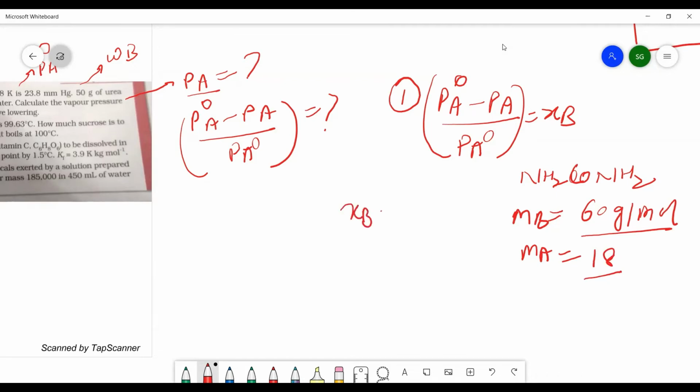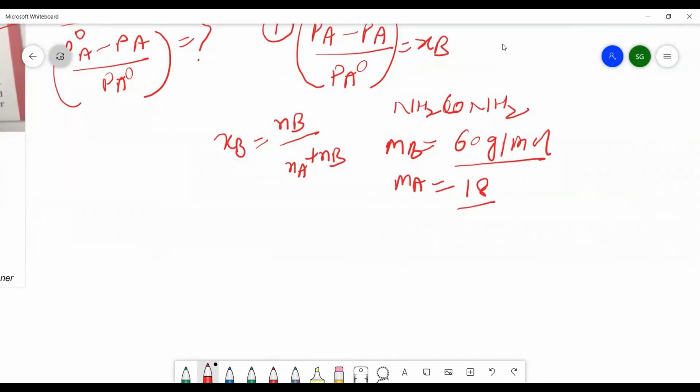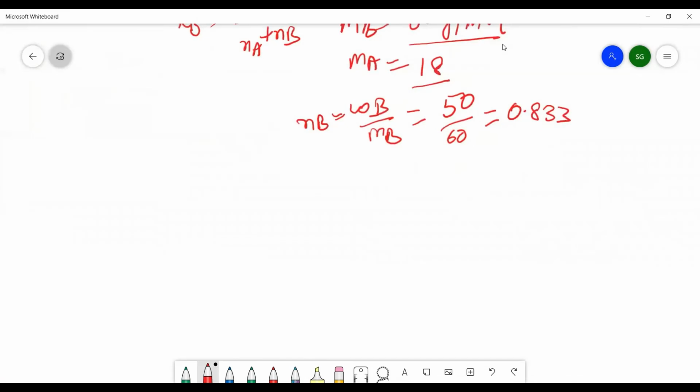You have to find out XB. So first of all you have to find out NB upon NA plus NB. Separately you have to find out NB, that is WB upon MB, which is 50 upon 60, and it comes out to be roughly 0.833. This is the number of moles of NB. Then you have to find NA, that is 850 upon 18, which comes out to be roughly 47.2.